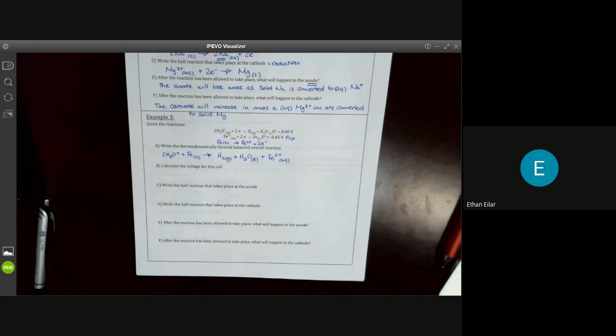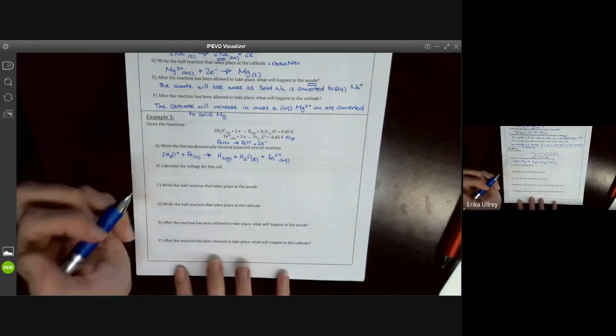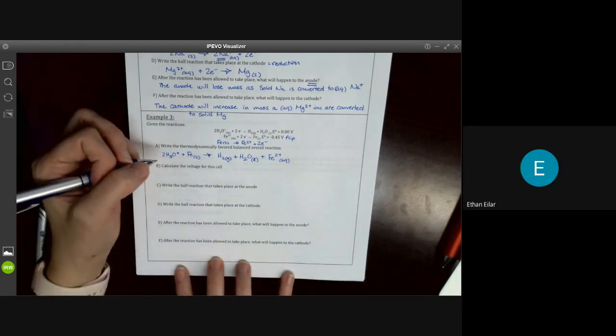We're looking for the voltage, right? Yep, what would we do? What numbers are we adding together? It's going to be the hydrogens, right?